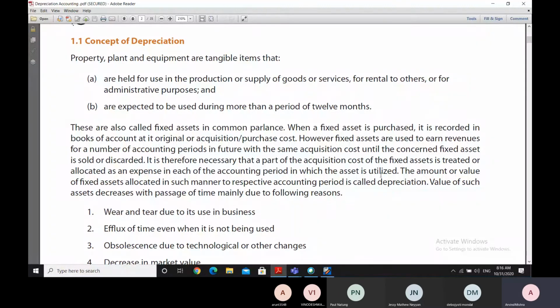The amount of value of the fixed assets which is allocated in such a manner to respective accounting periods, different financial years, the manner or the amount of the allocation every year, is called depreciation.